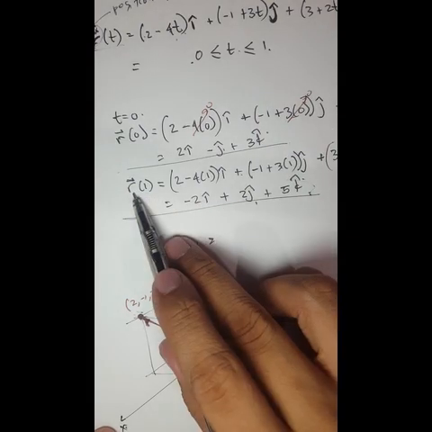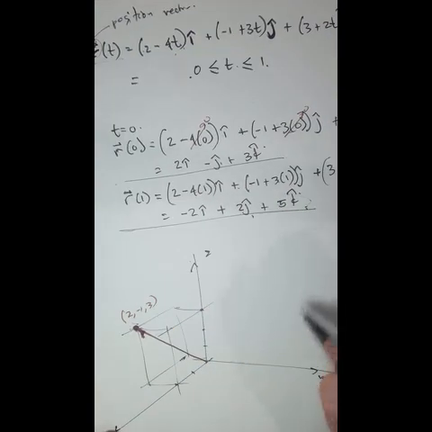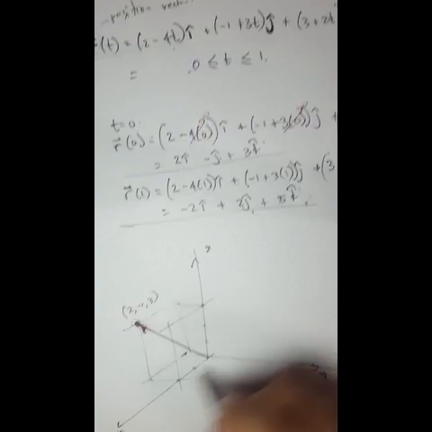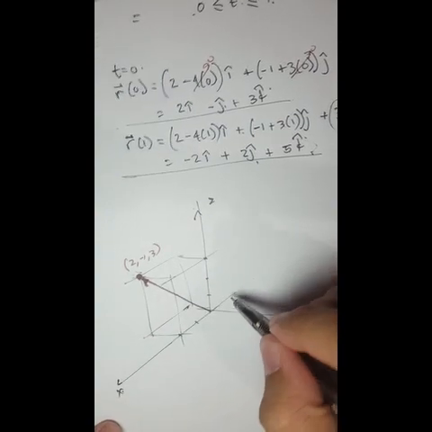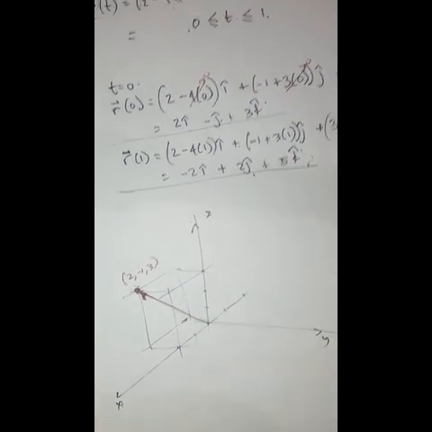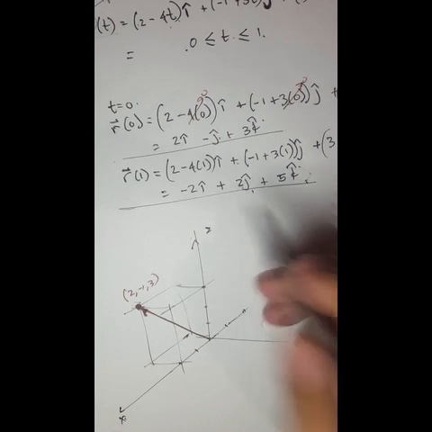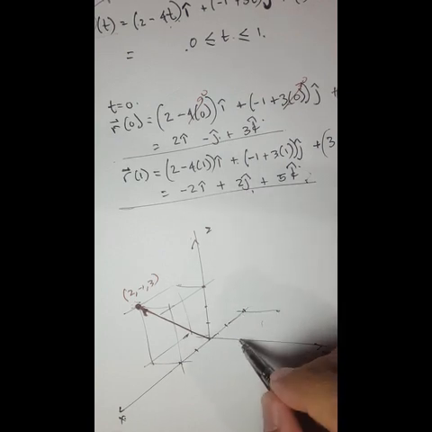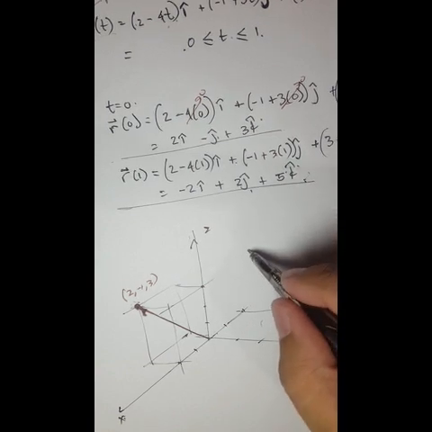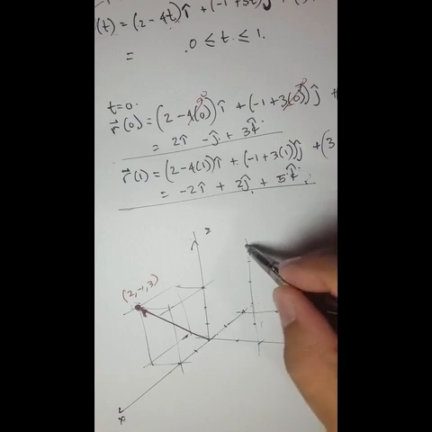Alright, next let's draw the graph of vector r at time equal to 1. We have a negative 2 along the x direction, so this is the positive x. If you want the negative, then it's just in the opposite side. And then positive 2 along the j direction, so let's say 1, 2, and then positive 5 along the k direction. So basically here 1, 2, 3, 4, 5.